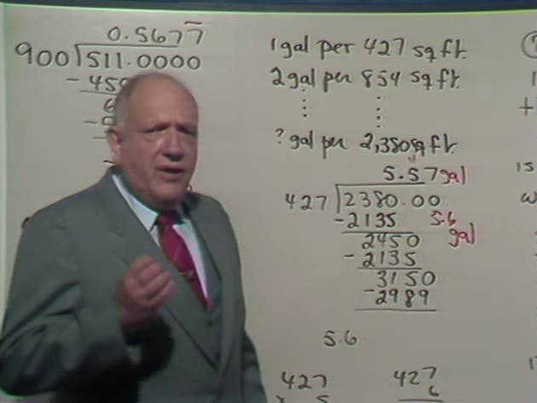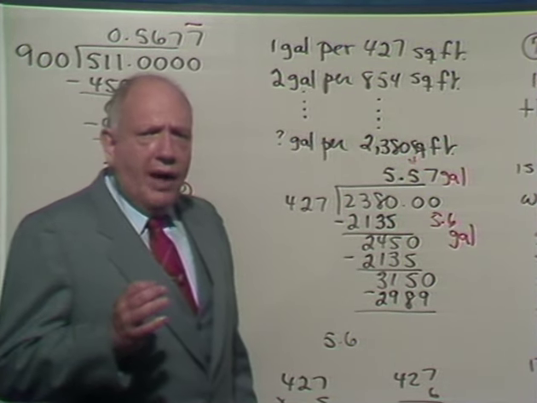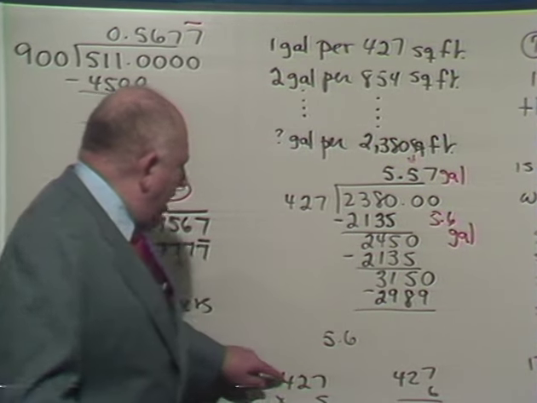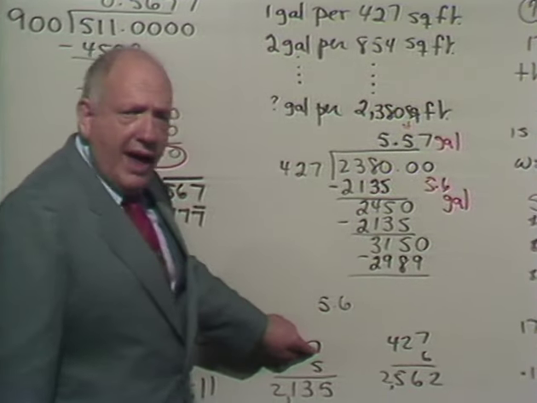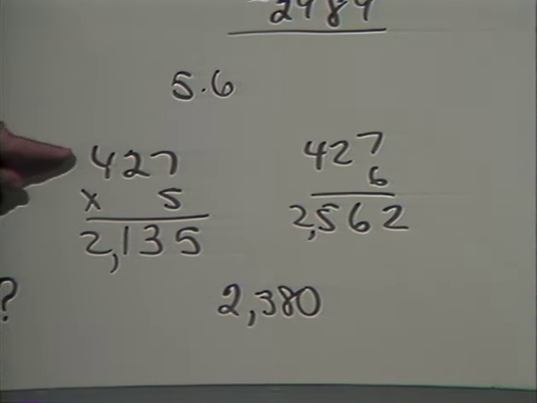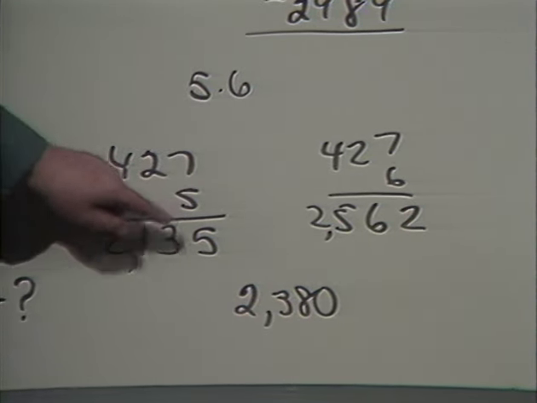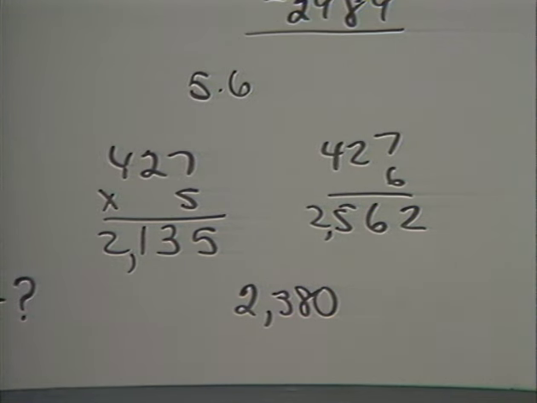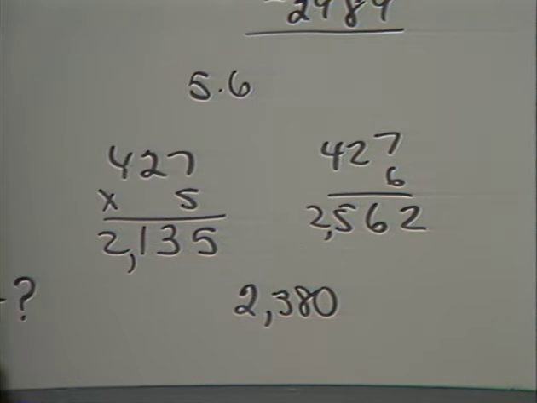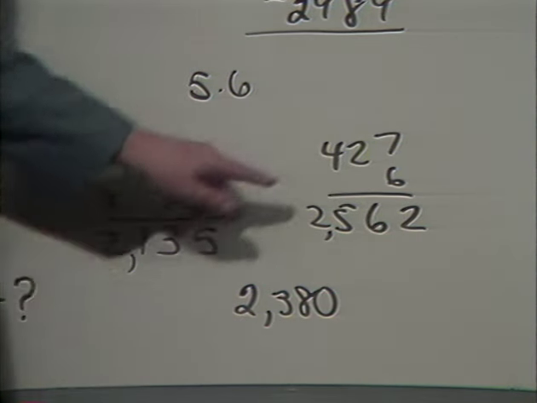And again, if this bothers you, go back to whole numbers. 5.6 is between 5 and 6. If you can cover 427 square feet with 1 gallon, with 5 gallons you're going to cover 427 5 times. That's 2,135. With 6 gallons, you're going to cover 427 square feet 6 times.